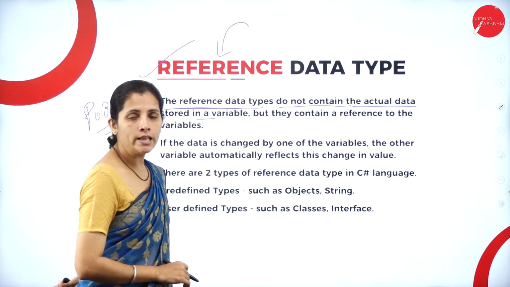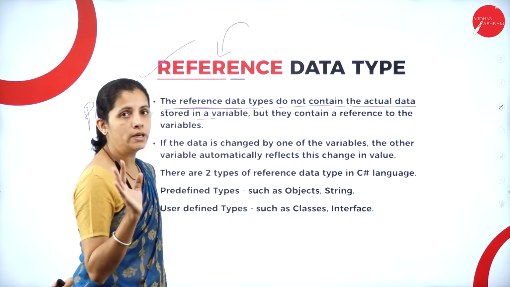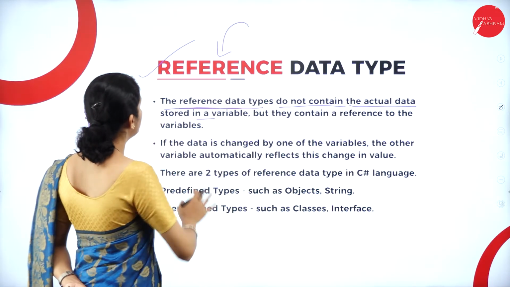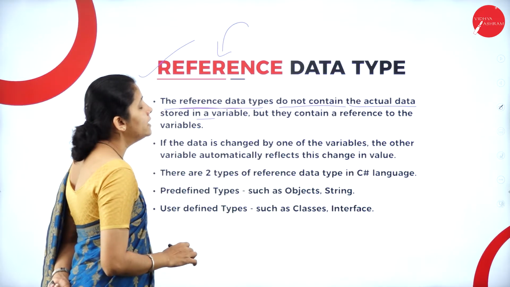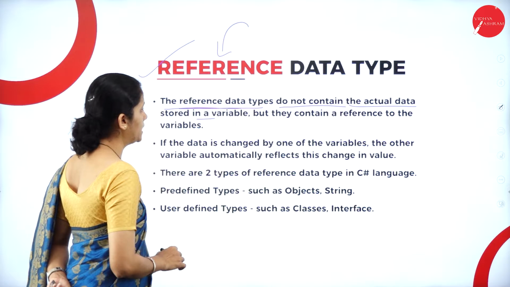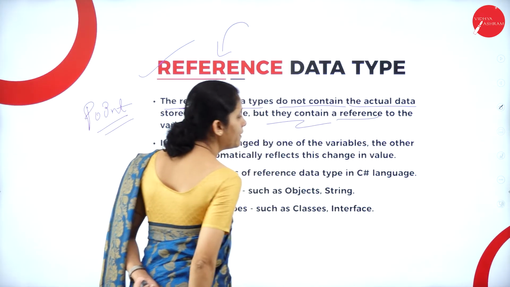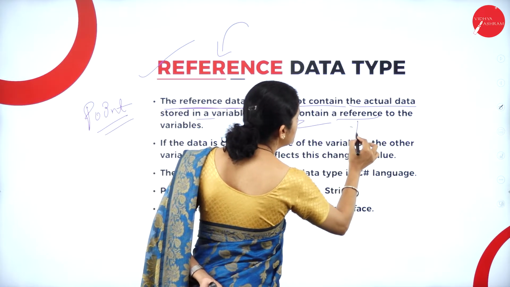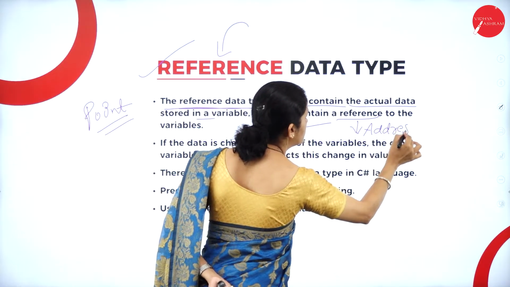So a pointer variable does not store any actual data. Similarly, a reference data type does not store any actual data, but it contains a reference. Here reference is nothing but the address.